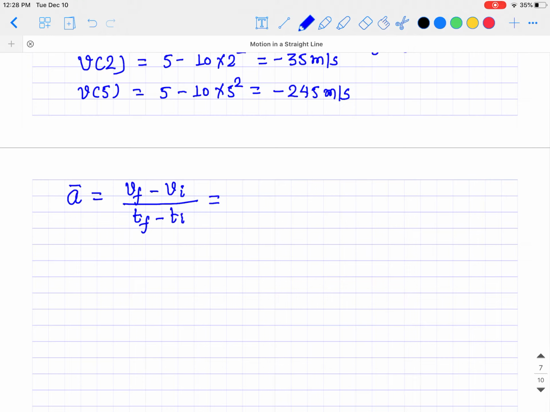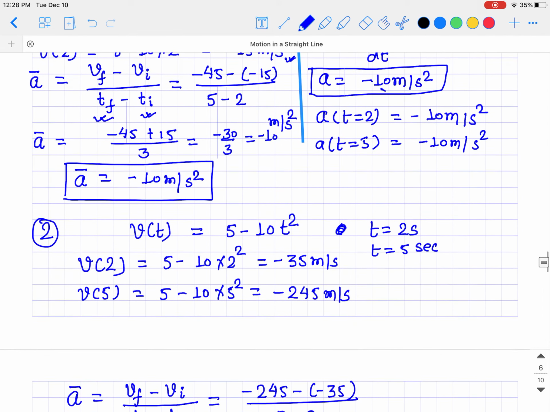What is the final velocity? The final velocity is the velocity at time equals 5 seconds, which is minus 245, and the initial velocity is minus 35. The time is 5 seconds minus 2 seconds.